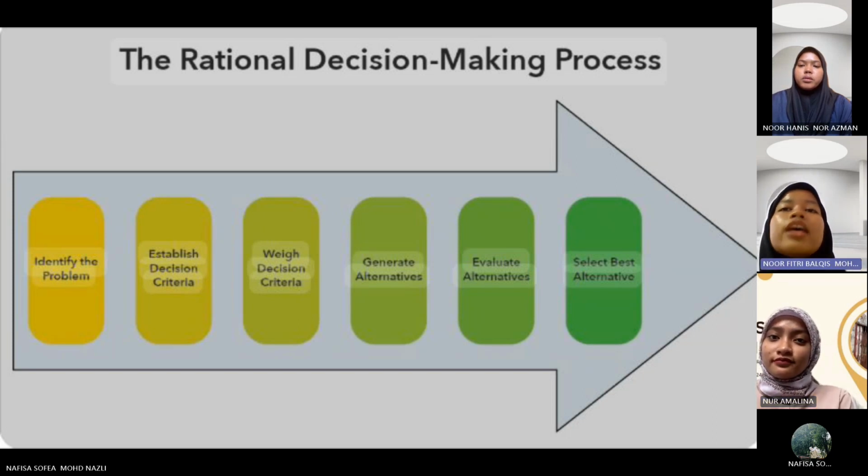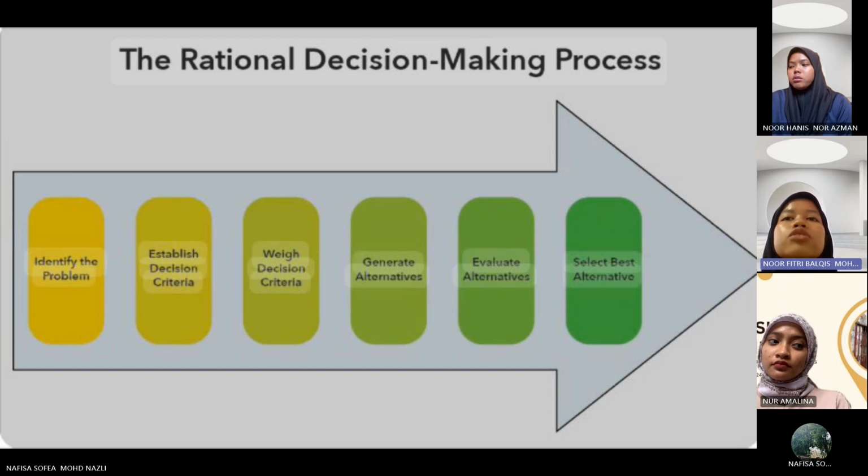Oh, definitely. Basically, bounded rationality is when we make a decision based on limited information and time constraints. Accepting that we can't always make the perfect decision, we aim for a good enough solution instead of the best possible one.